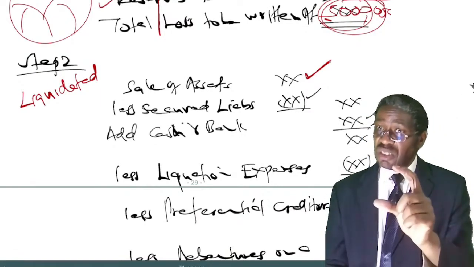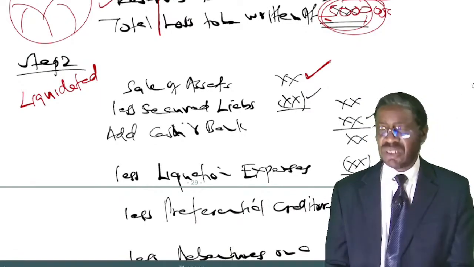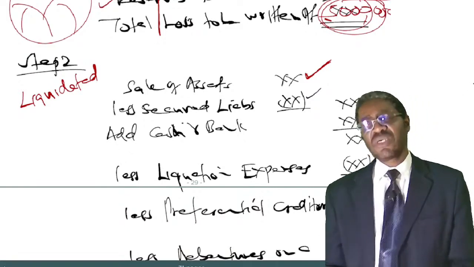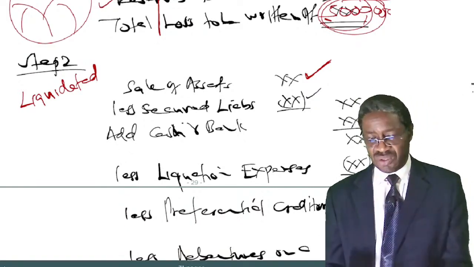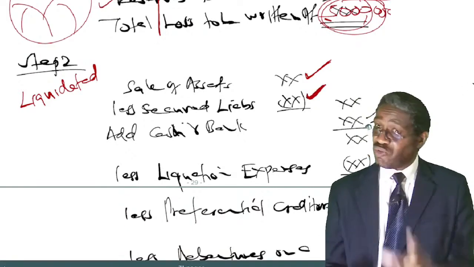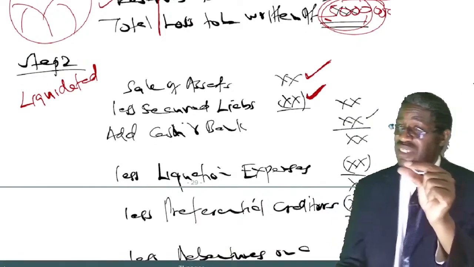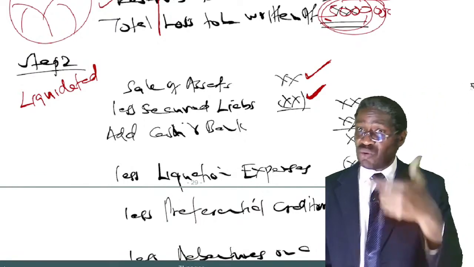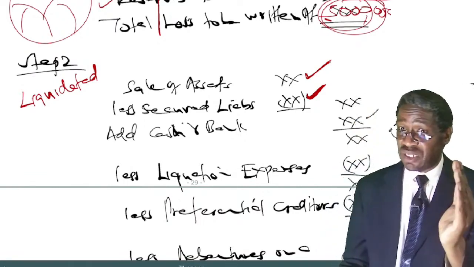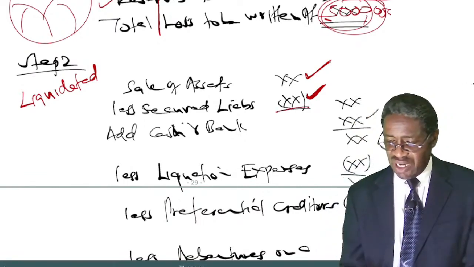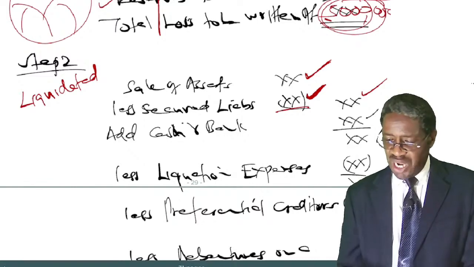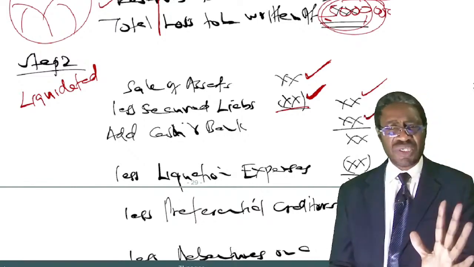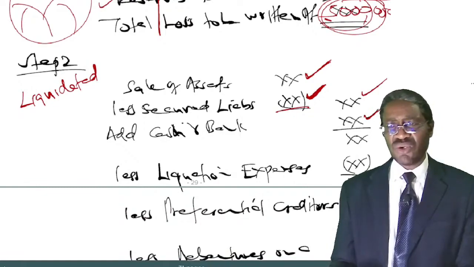We said, whenever a company is liquidated, secured liabilities are normally paid first. So you pay the secured liability, and of course I told you secured liabilities are attached to a specific asset. That's why we are deducting them straight from the asset itself. Then I told you add the cash, because cash we don't sell. It's already there.